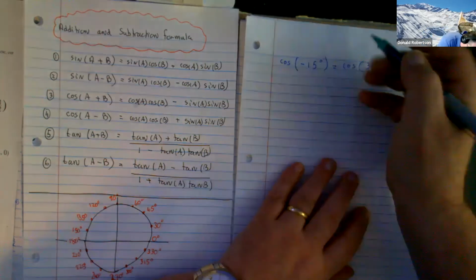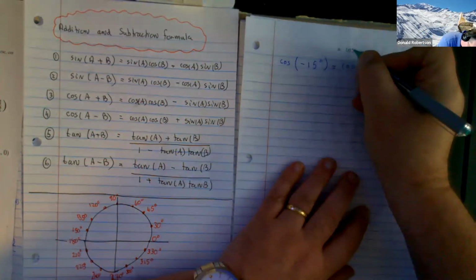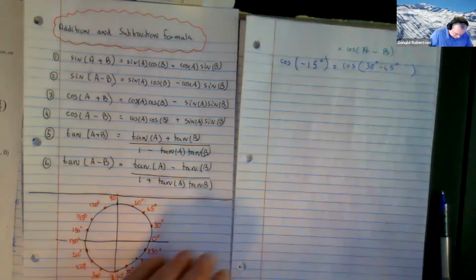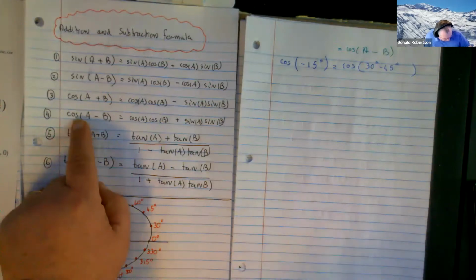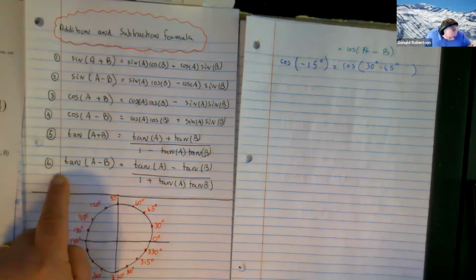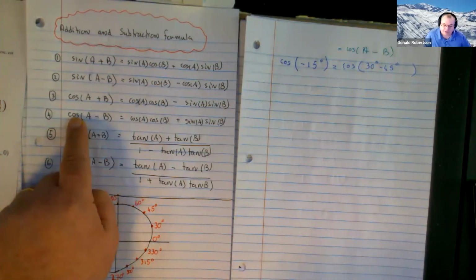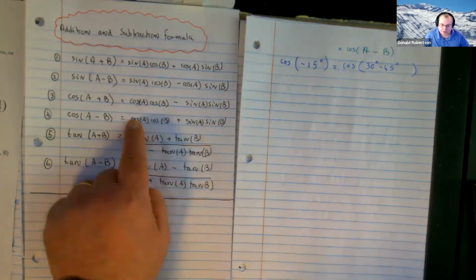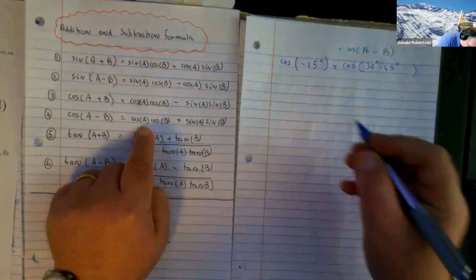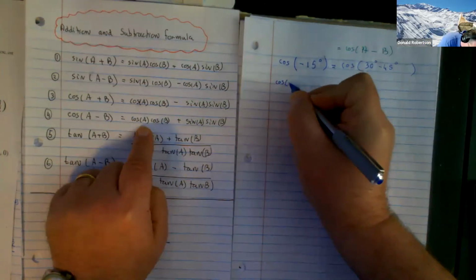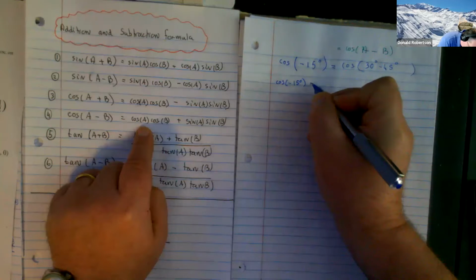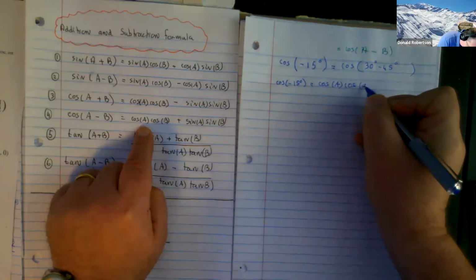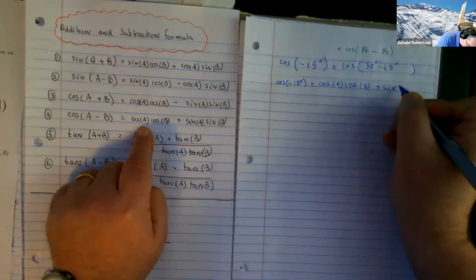So this guy is going to be the cosine of A take away B. And the reason I'm writing that down is just so that you get familiar with which one of the 6 formulas is the one for your situation. That's an A take away B situation. So it means this one is the one I'm going to use. So cosine of negative 15 degrees is going to be made from a cosine cosine plus a sine sine.